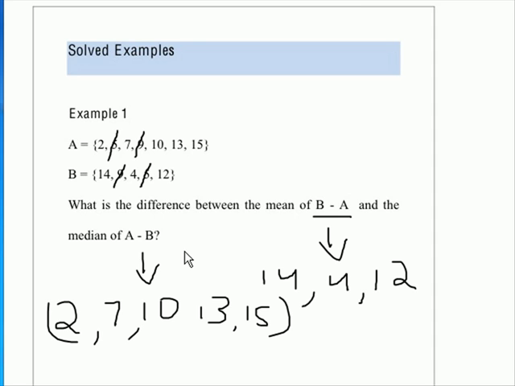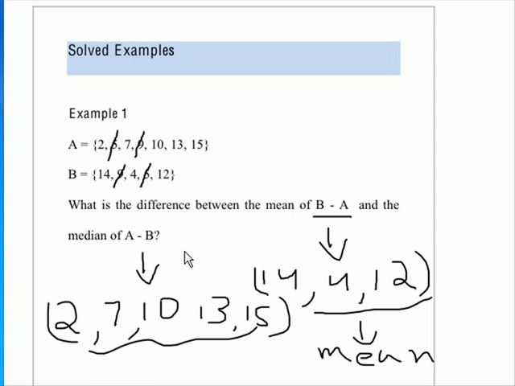So that is A minus B. Now for these two sets we need to find the difference between the mean of B minus A and the median of A minus B.